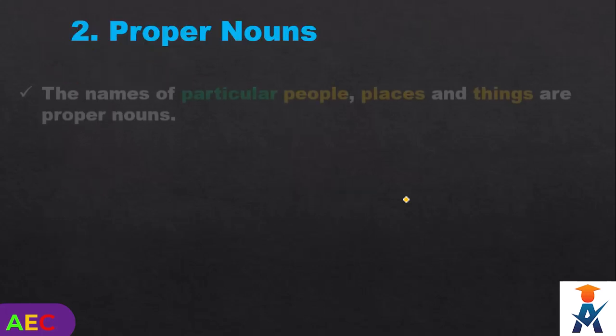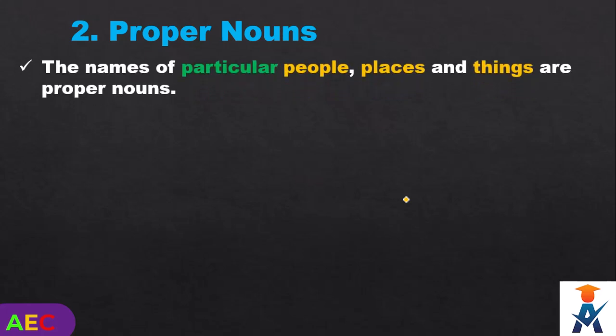Proper nouns. The names of particular people, places, and things are grouped under proper nouns.